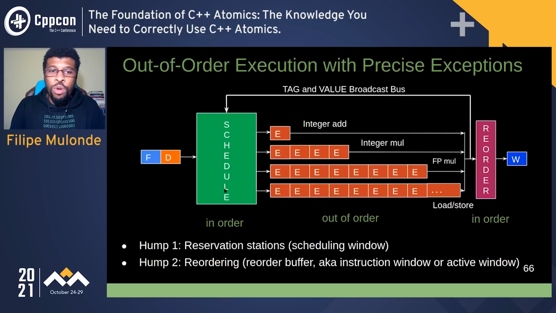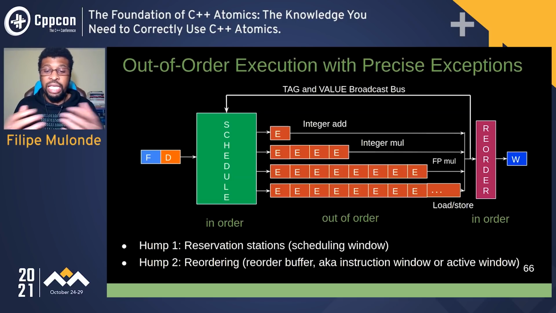So here, we move instructions into the reservation station in order, we execute out of order, and we update the architecture state in order. At hump number 1, we have the reservation station, also called the scheduling window. At hump number 2, we have the reorder buffer, aka the instruction window or active window.